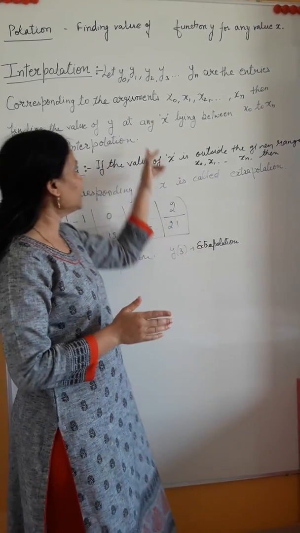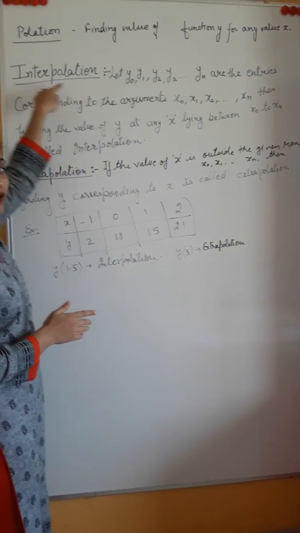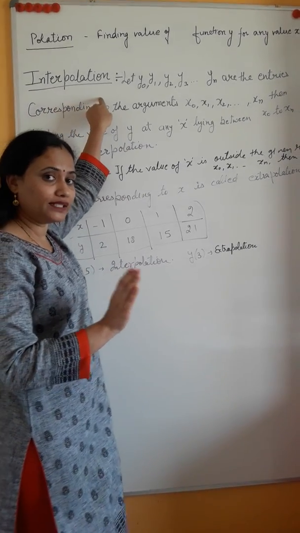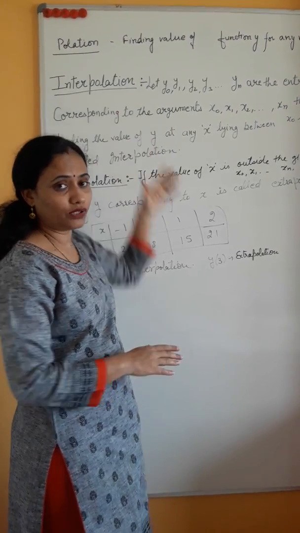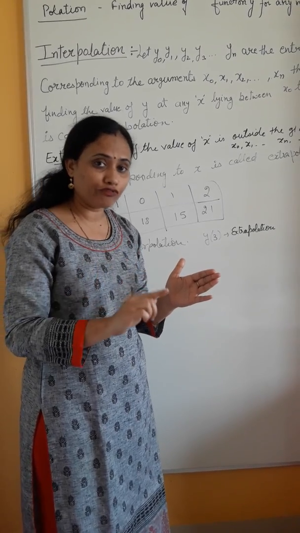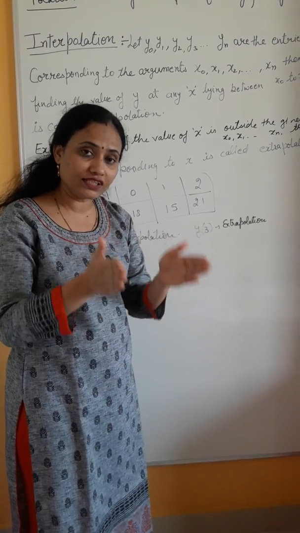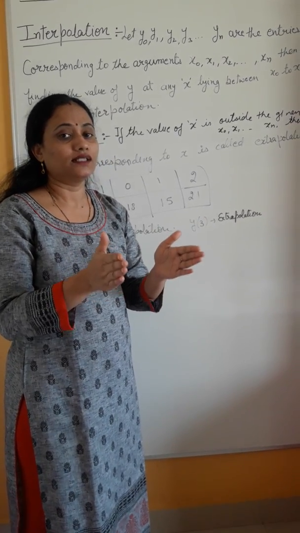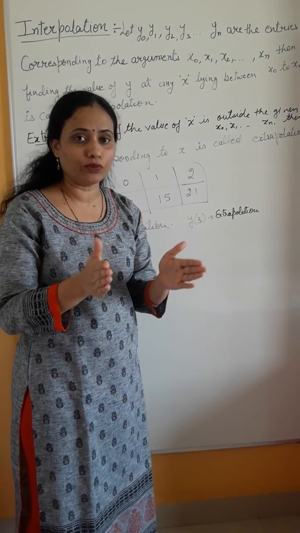then finding the value of y at that point is known as interpolation. So if you listen carefully, you will understand the meaning of interpolation. If a range is given and the point at which we have to find y is lying within the range, then that process of finding y is known as interpolation.